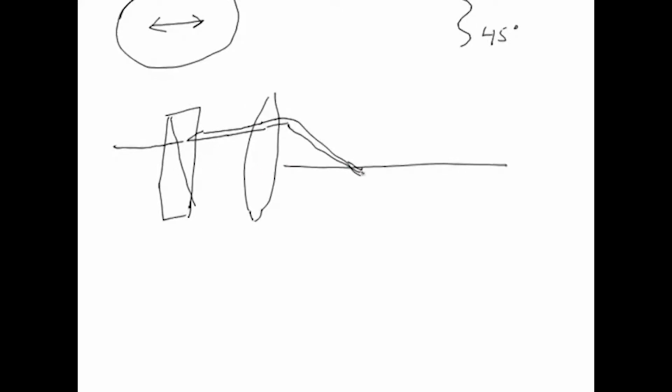Finally, it passes through the objective lens, still only sheared, and is then combined by the next one, which is Wollaston prism number 2.